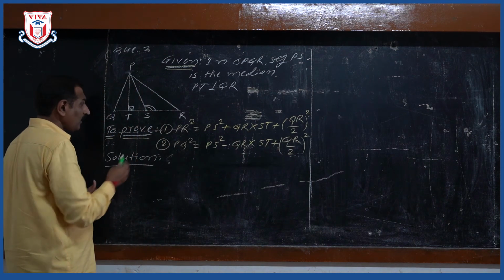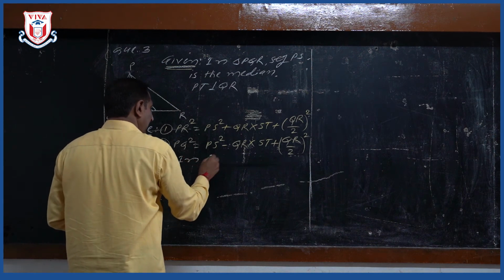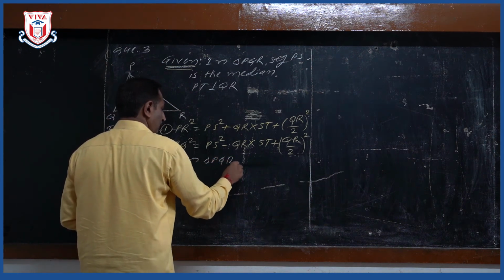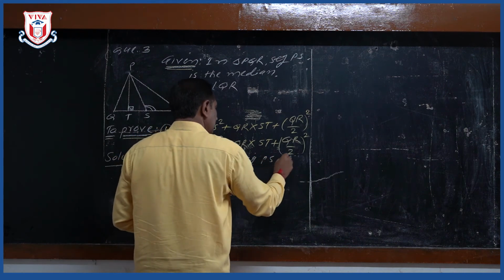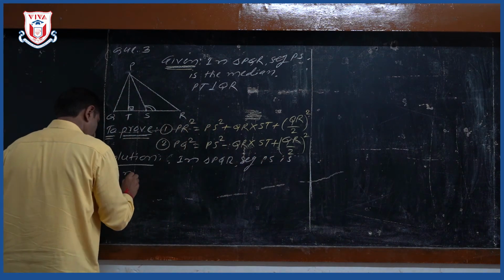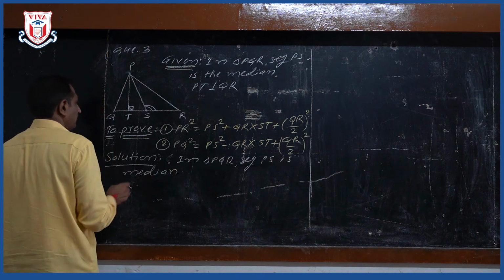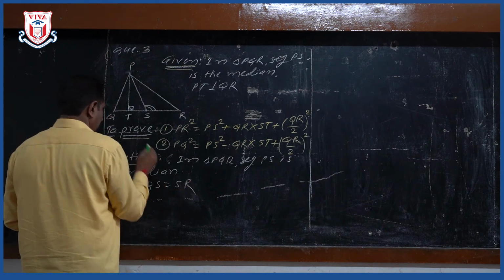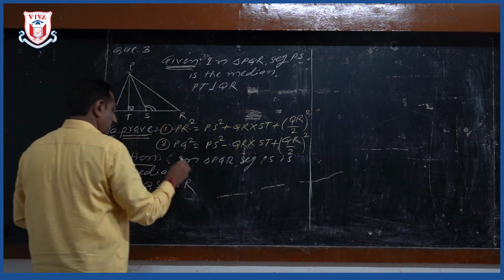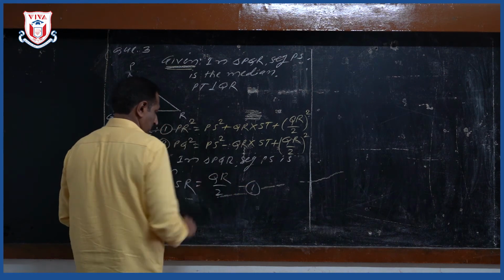Now first, what is given in triangle PQR: segment PS is median. Therefore QS is equal to SR. This QS is equal to SR is equal to QR by 2, equation first.